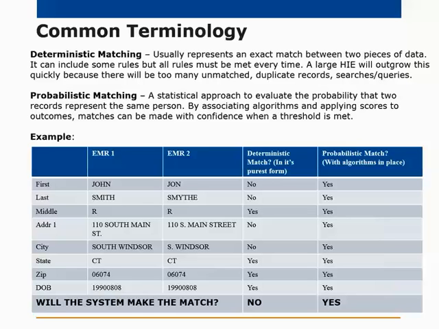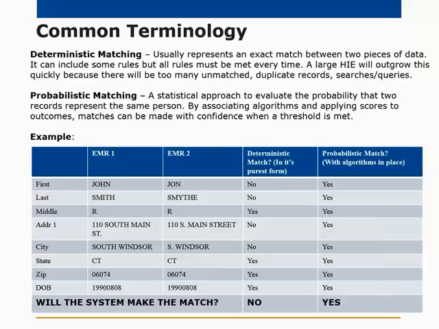It's the same address, the same city, although the word South is spelled out in South Main Street on the first one, and it's S period on the second one. The city of South Windsor has the word South in one and S period in the other, but the zip code is the same. So in a deterministic matching environment, there would be some mismatches there, and that system would not make the match.